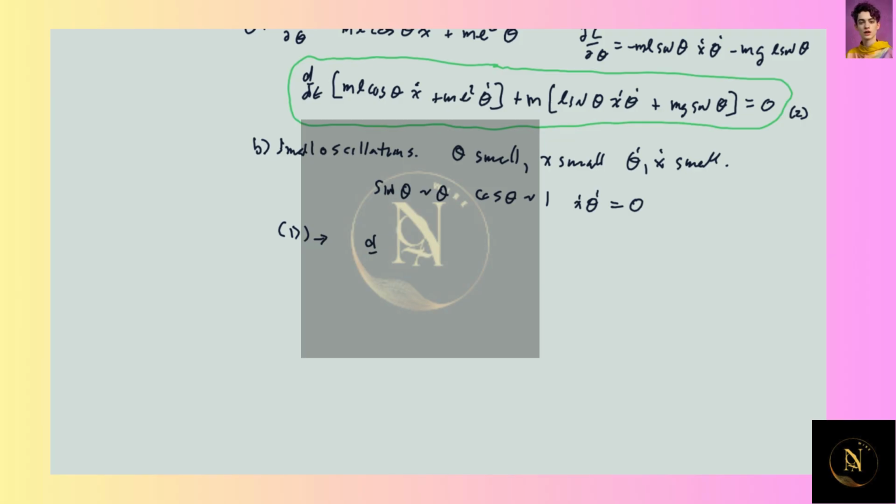So equation 1, which was the x equation, when we simplify it for small oscillations, looks like this.